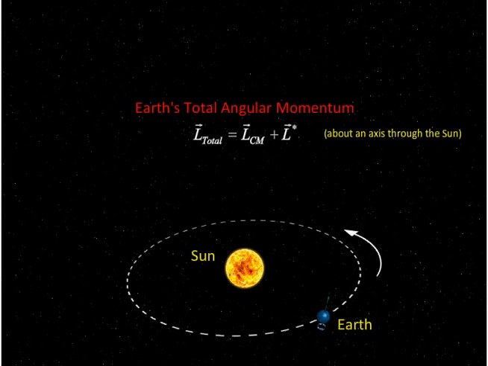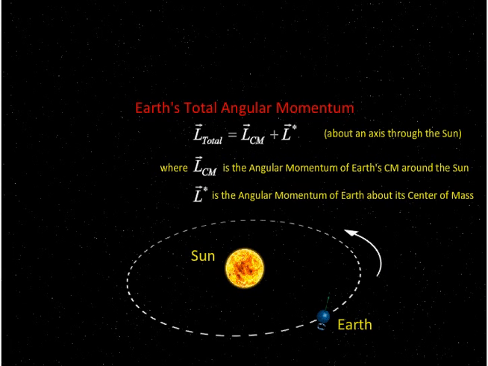The total angular momentum of the Earth about an axis through the Sun will be the sum of two distinct angular momentum components, one due to the motion of the center of mass of the Earth around the Sun, and one due to the rotation of the Earth about an axis through its own center of mass. Each of these two components is represented by a vector having a magnitude and a direction, and the total angular momentum of the Earth about the Sun will simply be the vector sum of these two components.